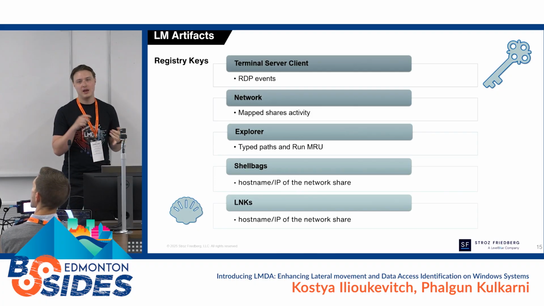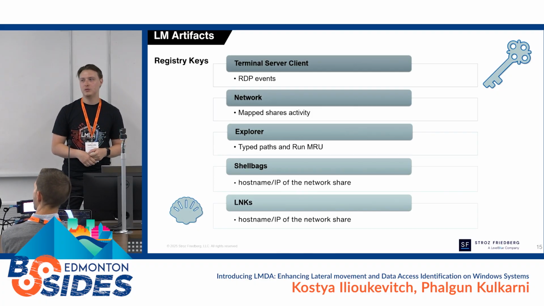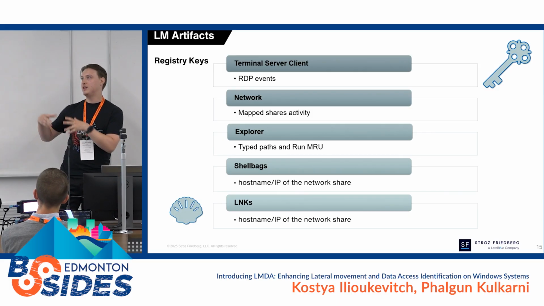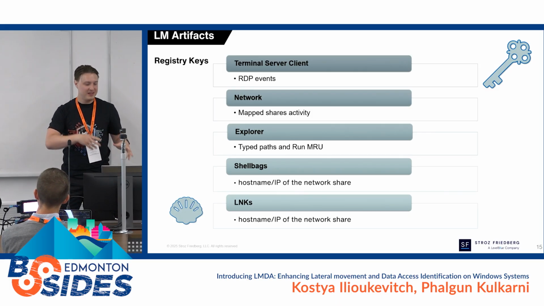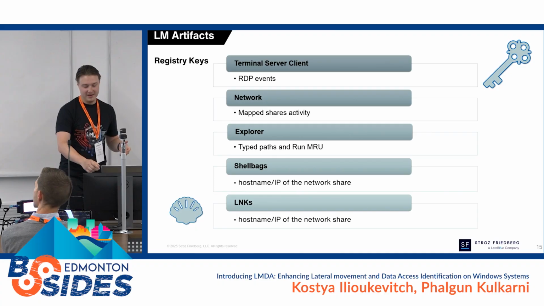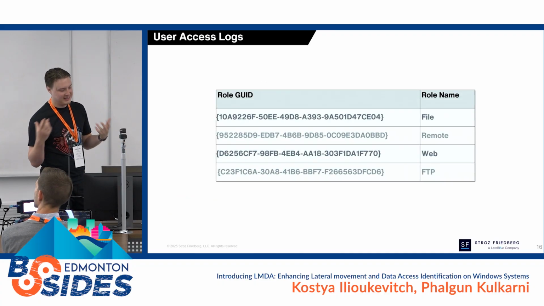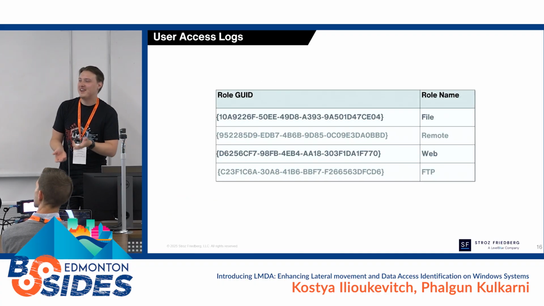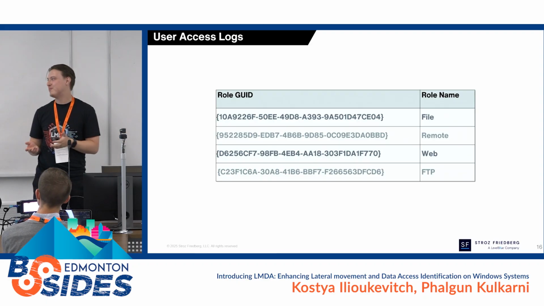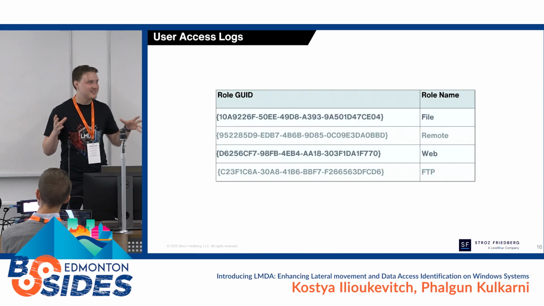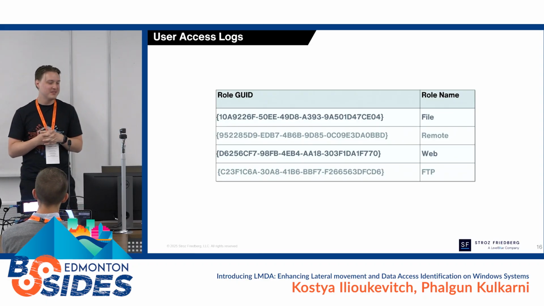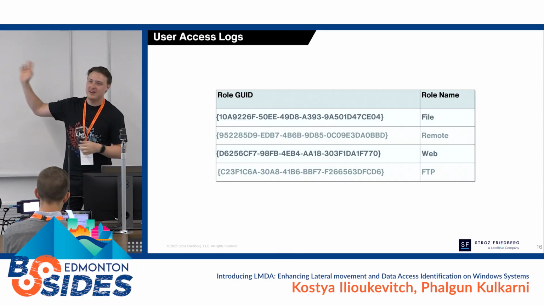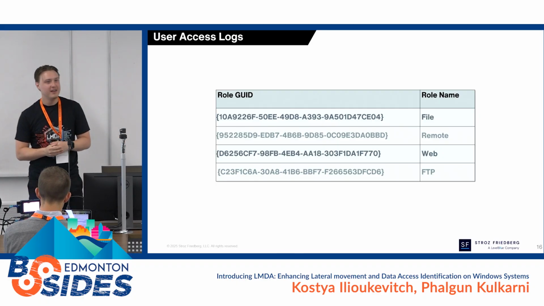We also use LNK and Shellbags, particularly just to notify you as an analyst whenever somebody is accessing another share remotely. Then we also know that recently threat actors love clearing logs. At least I've seen it pop up a lot more in the past few weeks and months with particular threat actor groups. But the UAL is one of my favorite artifacts, at least when it comes to lateral movement.